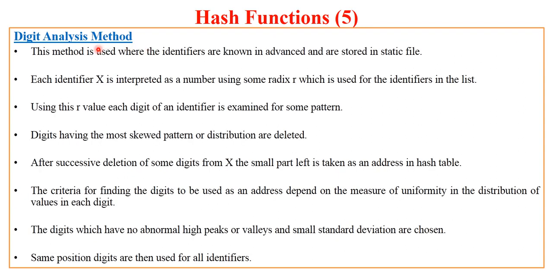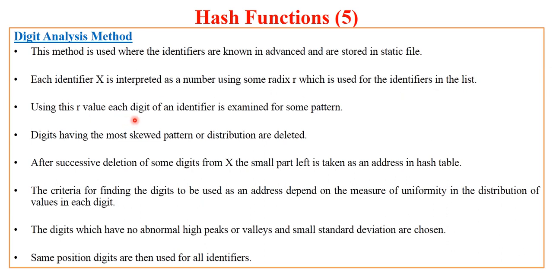Now in the digit analysis method, the digit analysis method is widely used to store identifiers which are known in advance, and these identifiers are stored in a static file. So each identifier X is interpreted as a number using some radix R, which is used for the identifiers in the list.